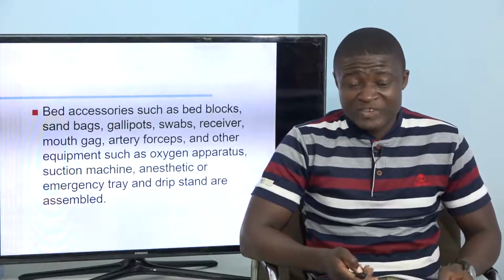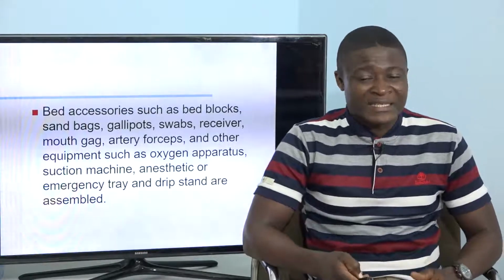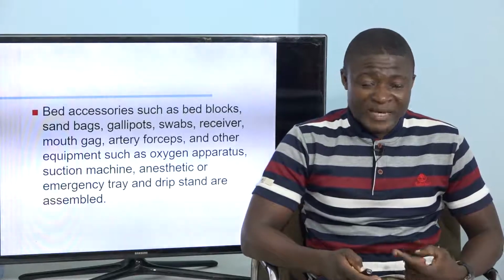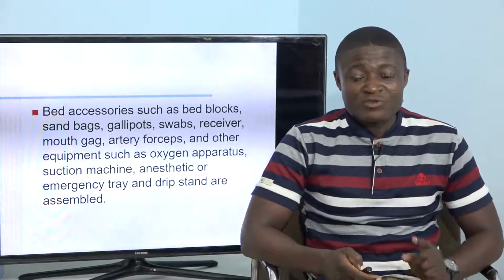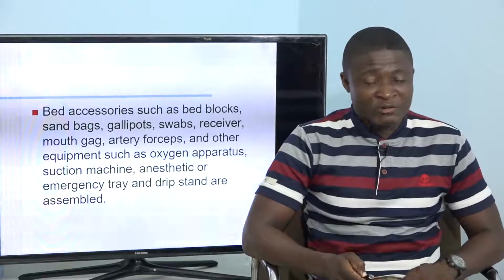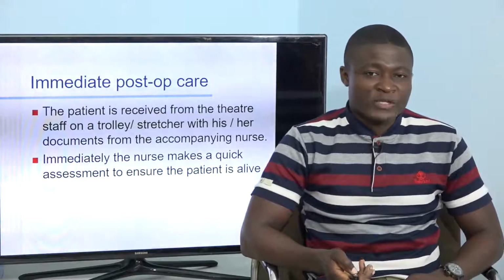That is the post-operative bed that you have prepared for the client. You assemble all these gadgets and equipment around the bed, so that when the client returns and there is a need to utilize any of them, you wouldn't have to start running helter-skelter looking for them because you already have them at the bedside.